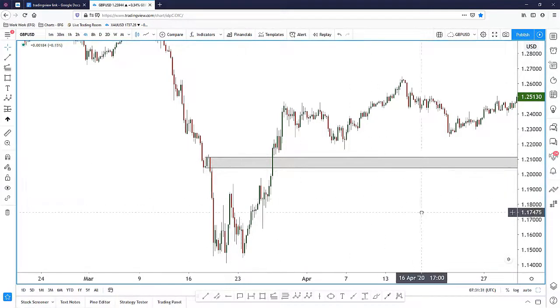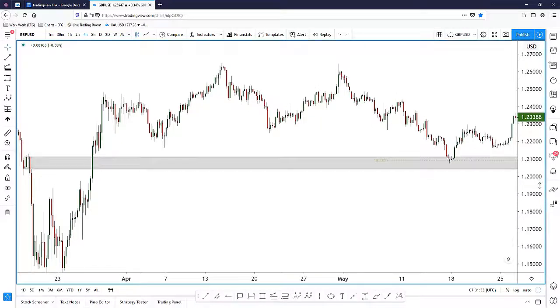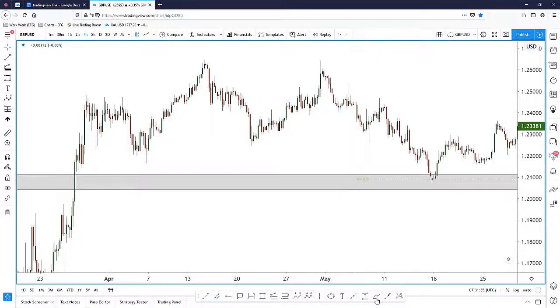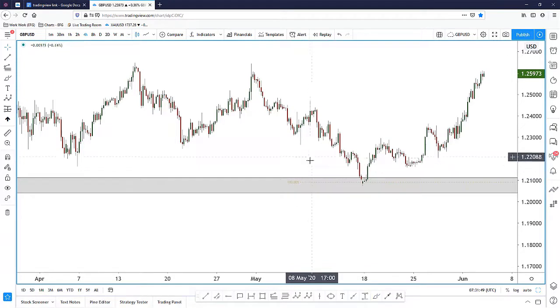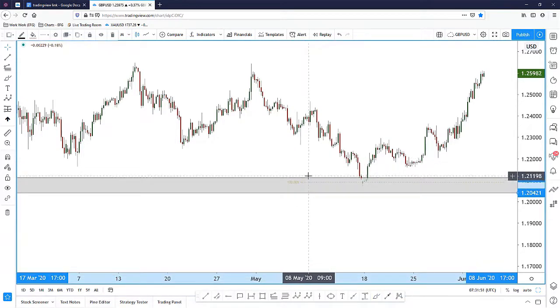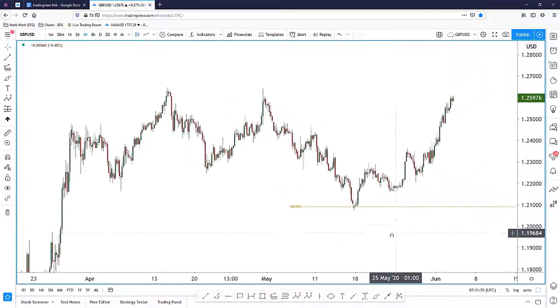I'm just taking the body. When I extend it further, you see the price actually pushed into this area, failed to break out of the supply demand area, and immediately rejected and went higher. So for these two simple reasons, that is why we got this reversal here on the 4-hour.